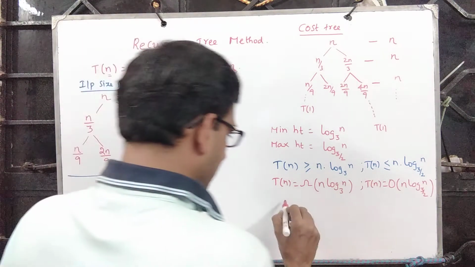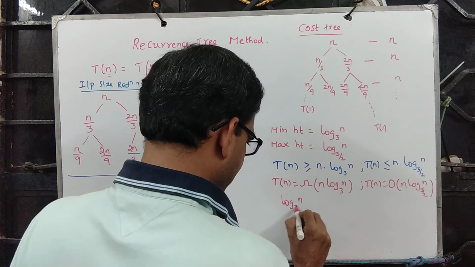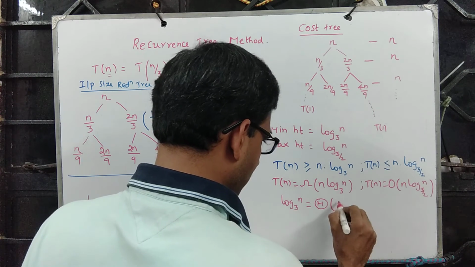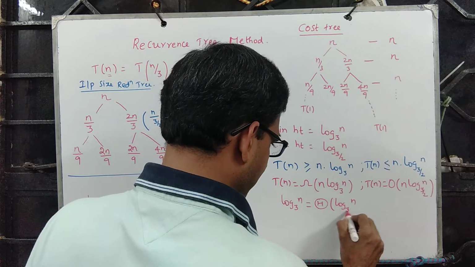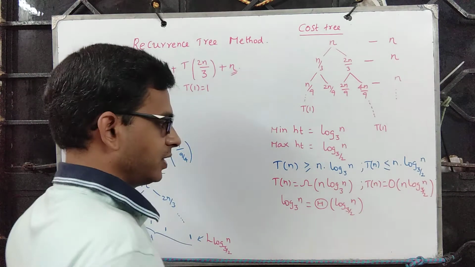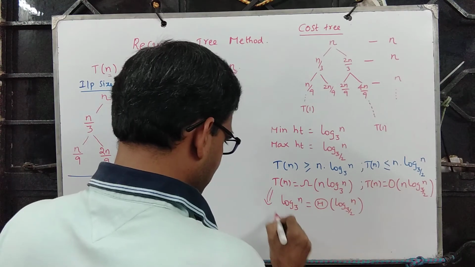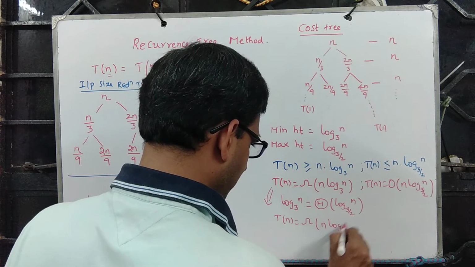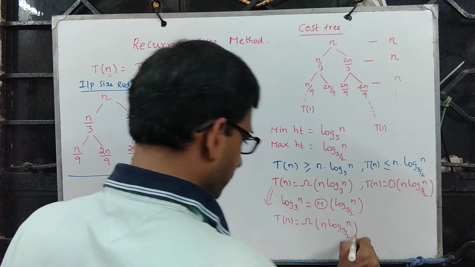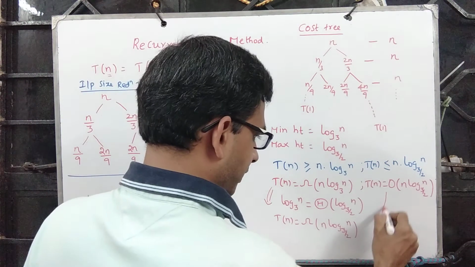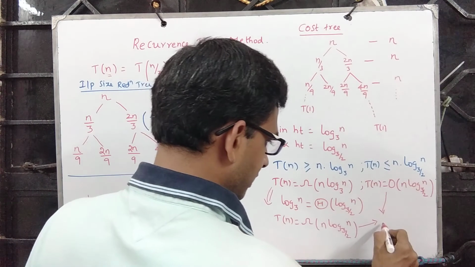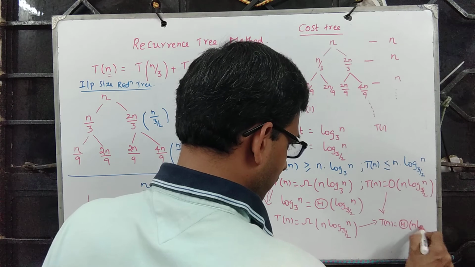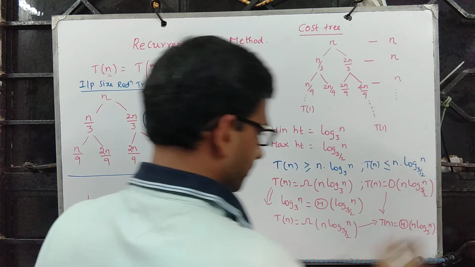But we know that log n base 3, in asymptotic sense, if you see, the asymptotic growth of log n base 3 and log n base 3 by 2 are one and the same, which means this can be rewritten as T of n is equal to omega of n into log n base 3 by 2. Now if you look at this and if you look at this, one can conclude it is theta of n into log n base 3.